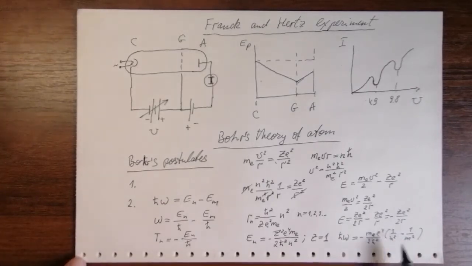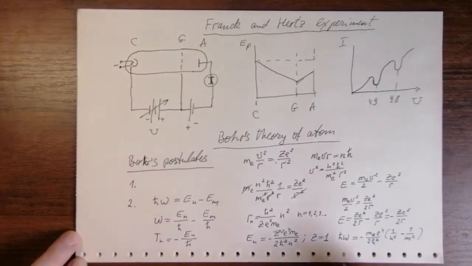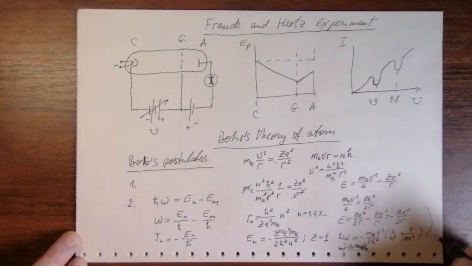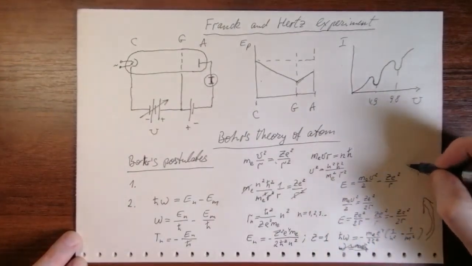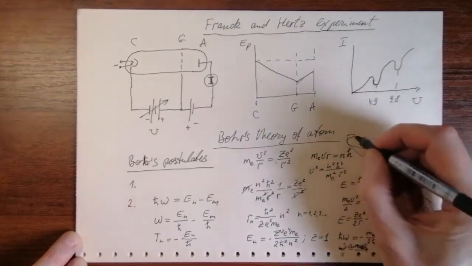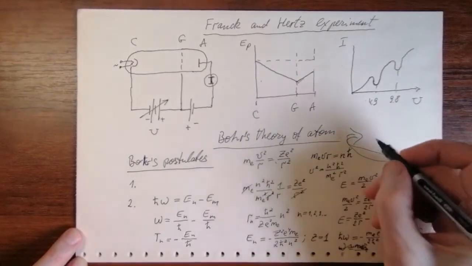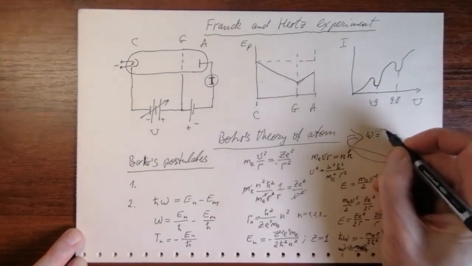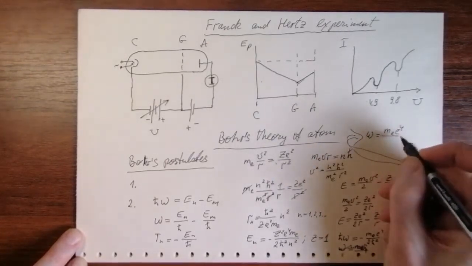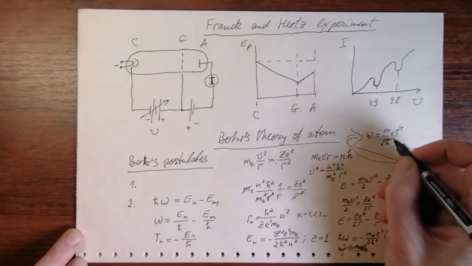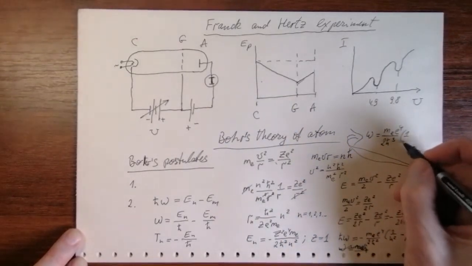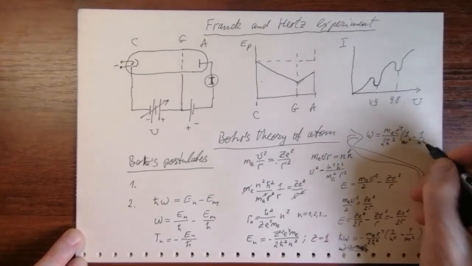So this minus will disappear, and so we obtain omega is me e to the 4 over 2 h cubed, times 1 over m squared minus 1 over n squared.